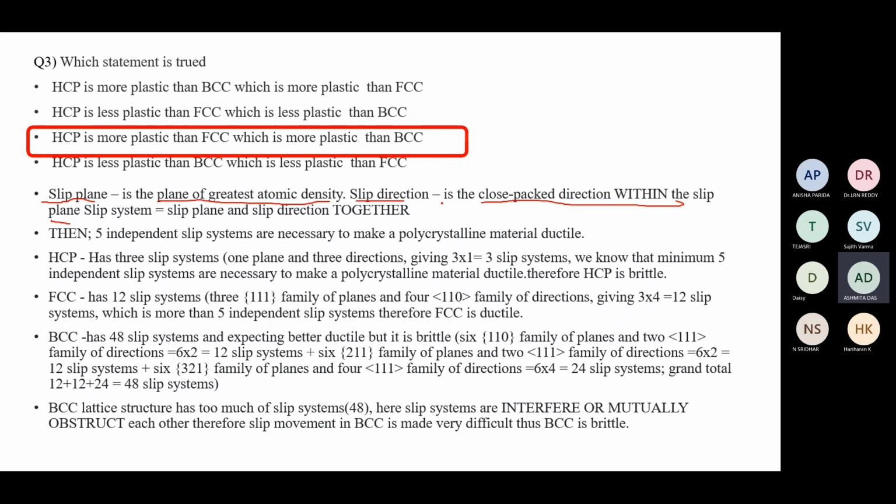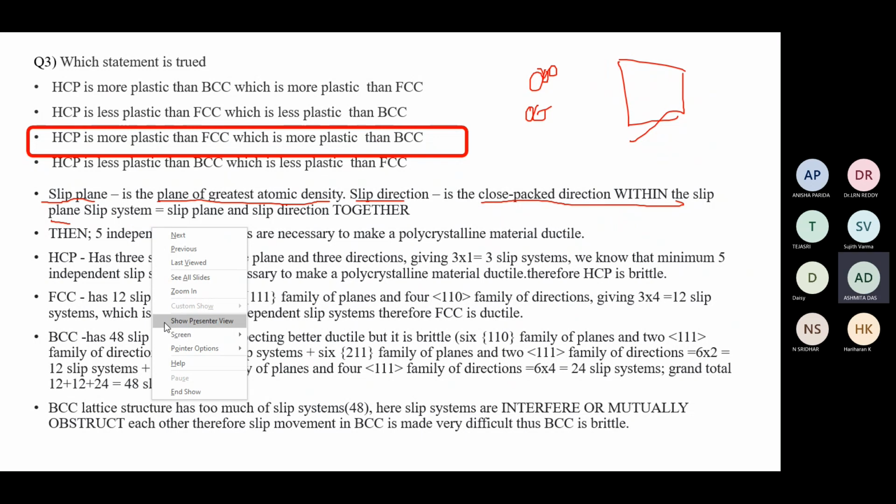Suppose you consider an FCC structure. Whichever plane has the highest atomic density is considered the slip plane, and the direction of the atoms in that slip plane is considered the slip direction. The slip system contains both the slip plane and the slip direction.